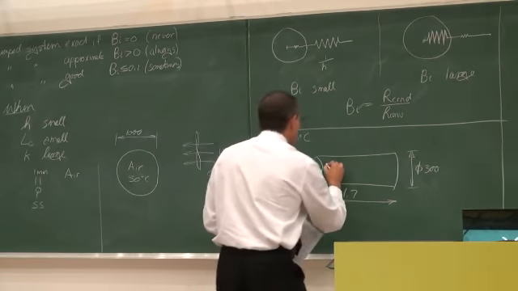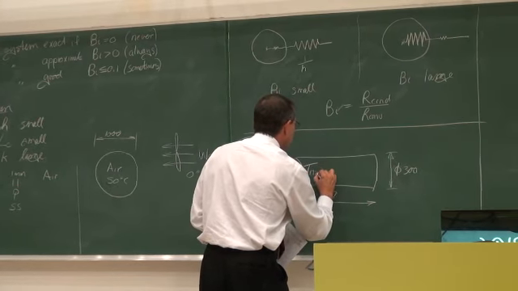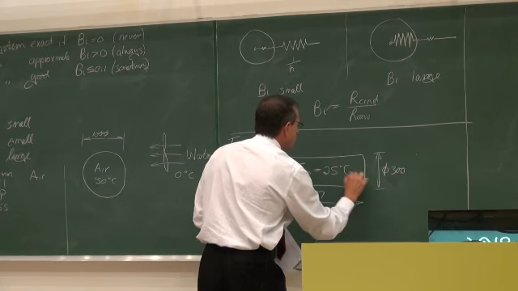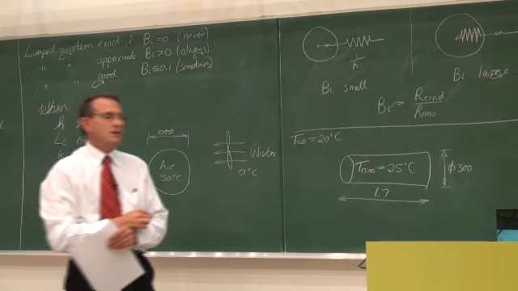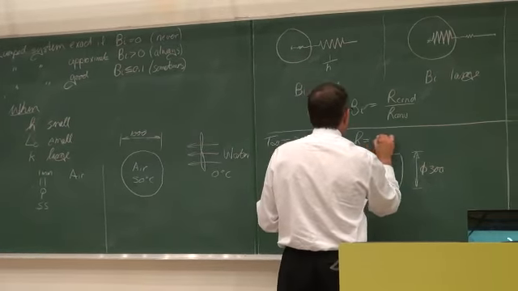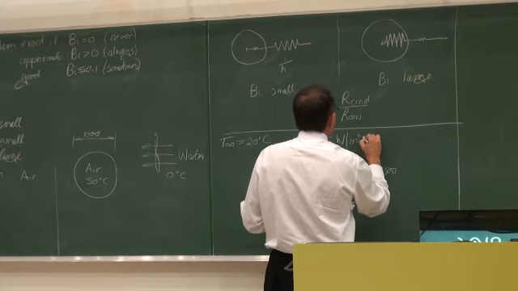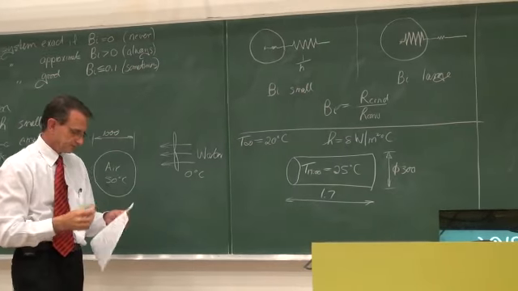When the person was found, that was at 1700 hours. The temperature of the body was measured to be 25 degrees Celsius. And the heat transfer coefficient is estimated to be about 8 watts per meter square per degree Celsius.